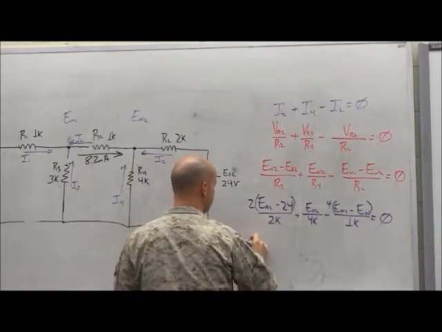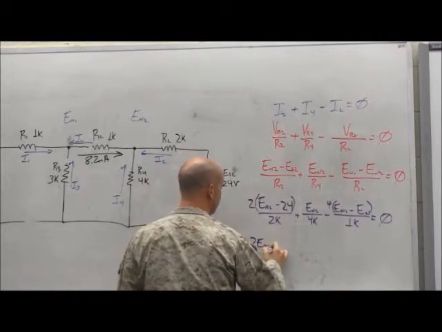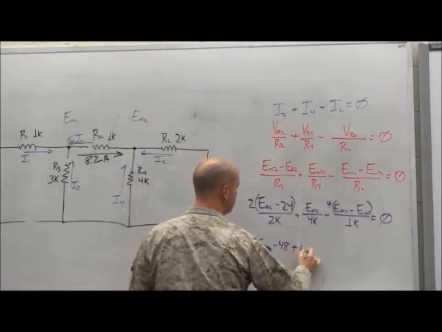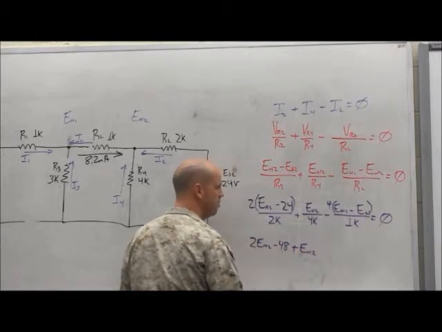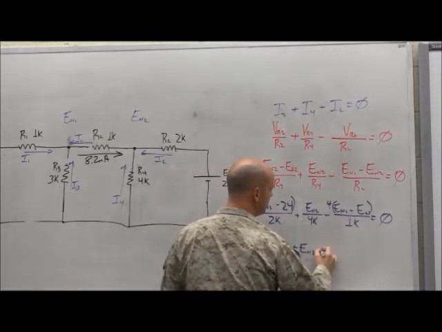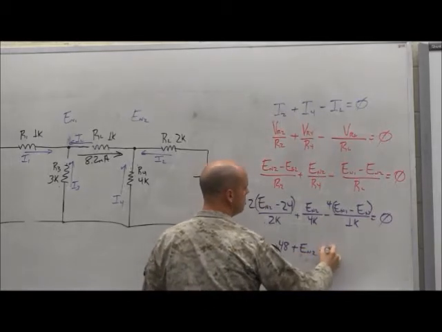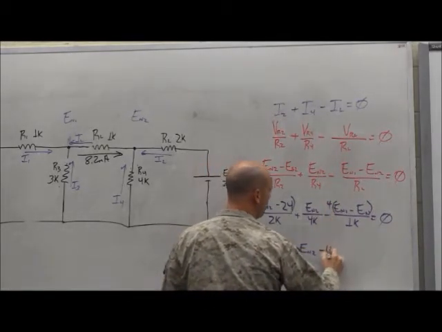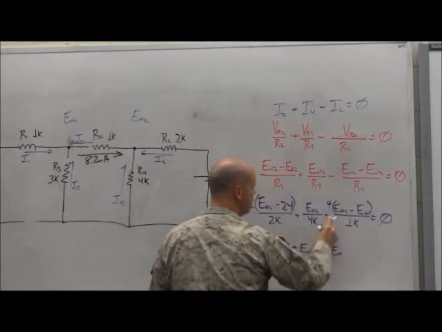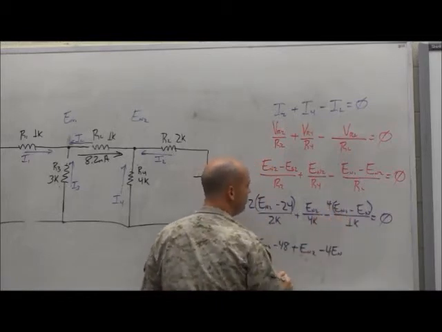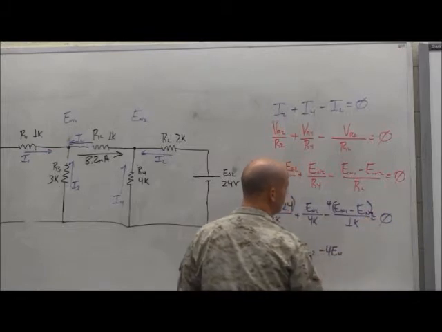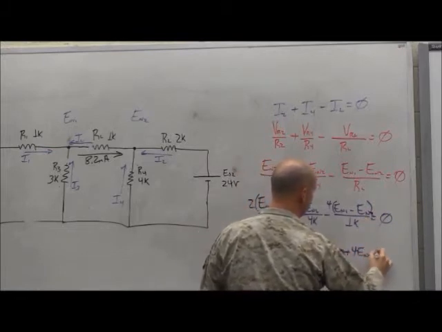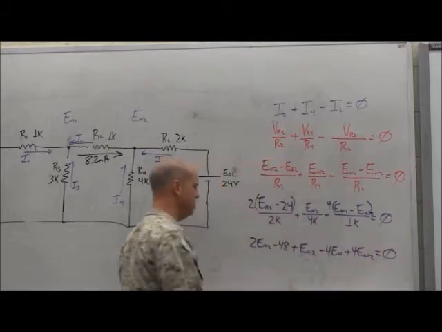So I'll distribute first. I'll get 2 EN2 minus 48 plus EN2 minus negative 4 times EN1 is negative 4 EN1, then negative 4 times a negative EN2 is a positive 4 EN2, and again, it's all equal to 0 still.